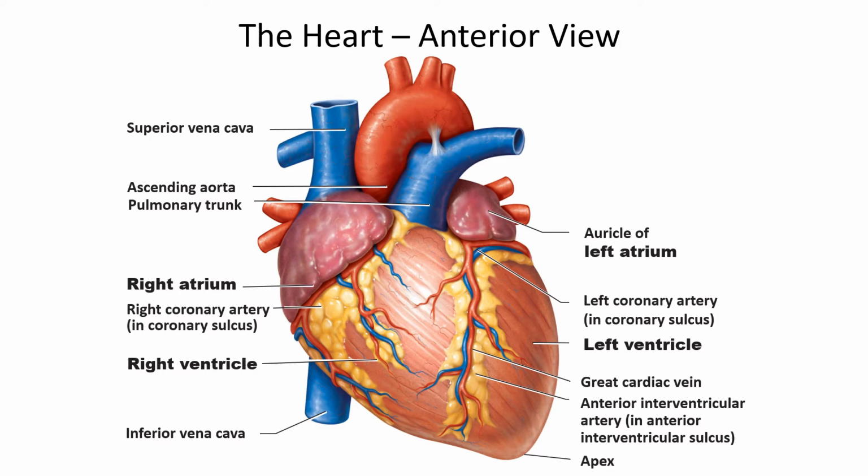Veins are carrying blood towards the heart. Now, typically, veins are going to contain deoxygenated blood, but that's not always the case, as we'll see. Arteries usually contain oxygenated blood, but again, that's not always the case, as we'll see.